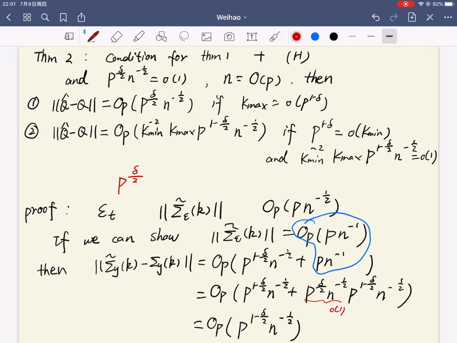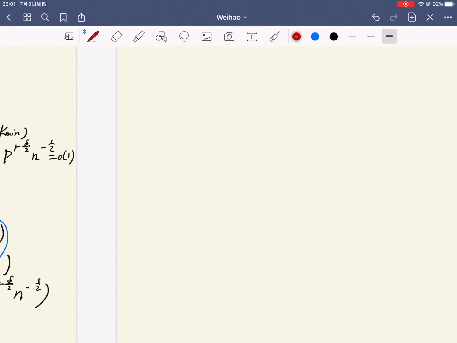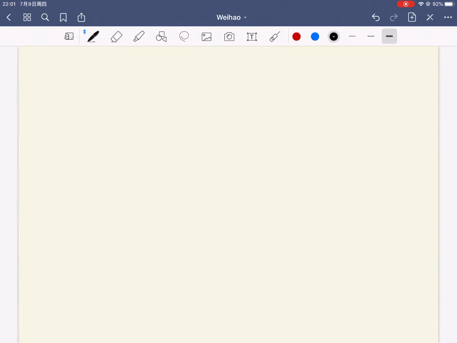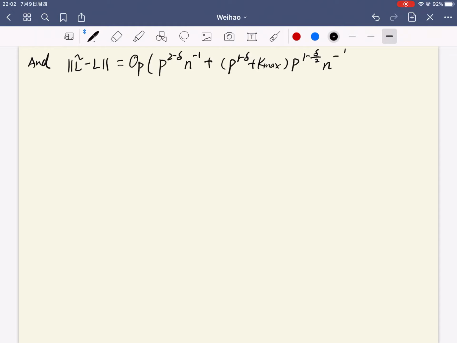Because the previous rate for this is given by this, and then the perturbation for L is changed to be this term.